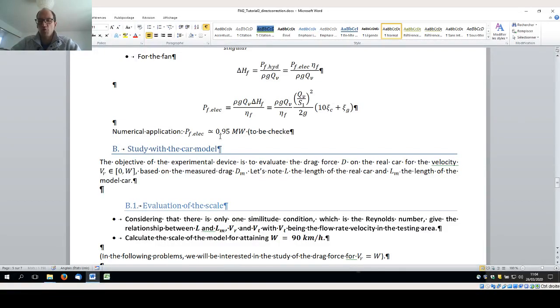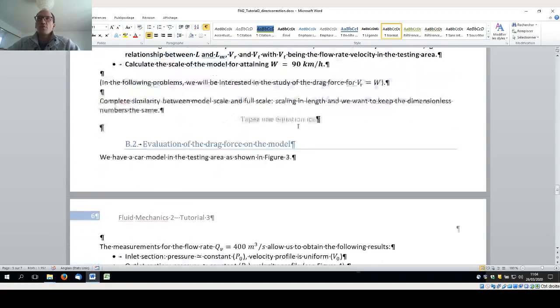If some others are doing the computations too, they can provide the answer. But, okay, if we go back to our Reynolds number, what we want to ensure is that Reynolds number at model scale is the same as Reynolds number at full scale.